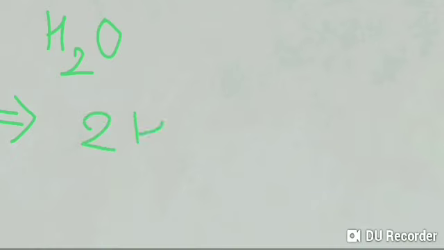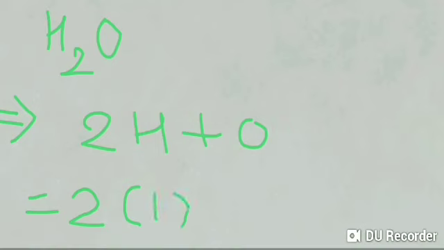Now how to find the molecular mass of H2O? We know that in a molecule of water there are two hydrogen and one oxygen. Hydrogen has atomic mass 1 and oxygen has atomic mass 16.